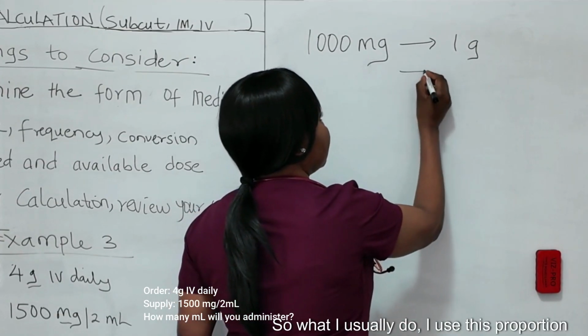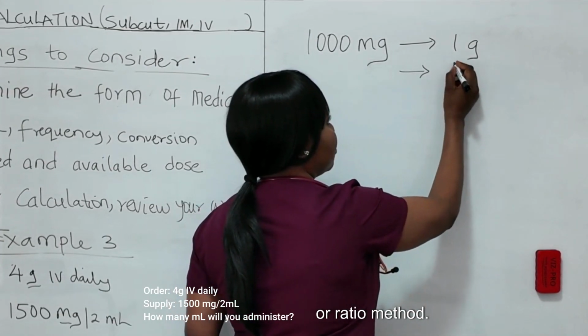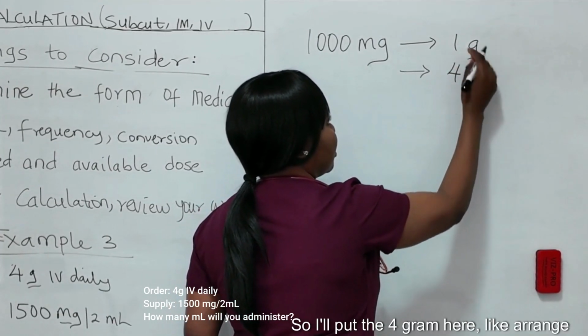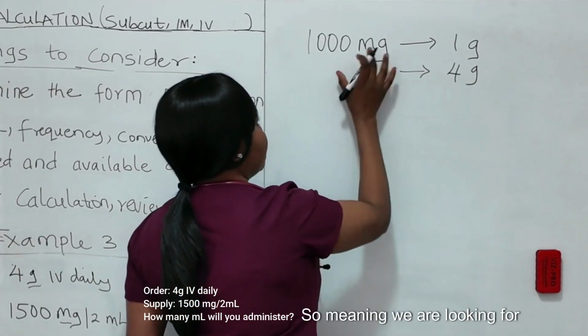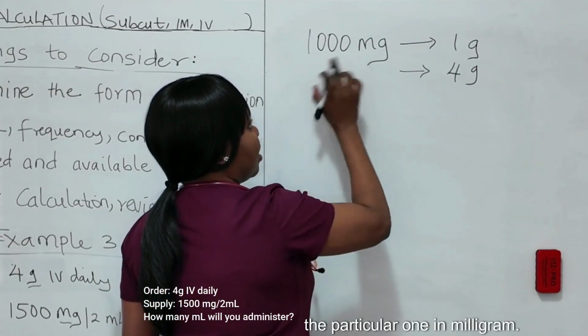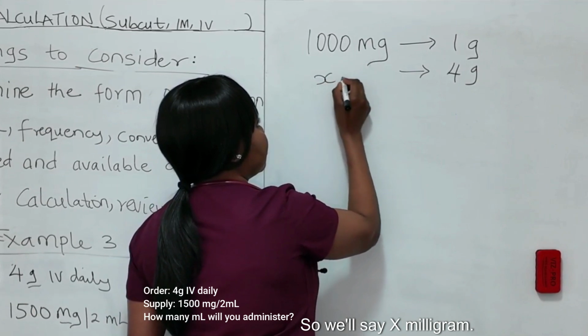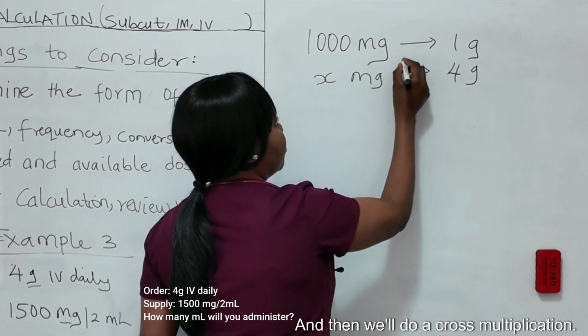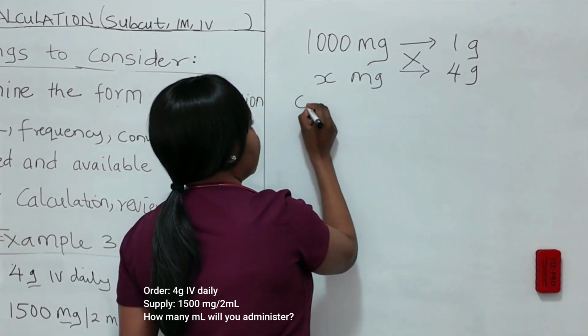So what I usually do, I use this proportion or ratio method. So I'll put the 4 grams here, arranged on the same line. So meaning we're looking for the particular one in milligrams. So we'll say X milligram. And then we'll do a cross multiplication.